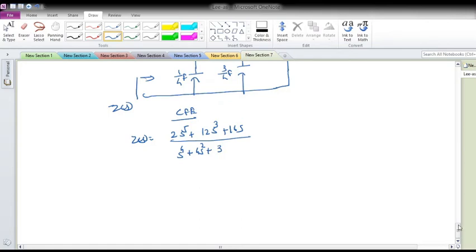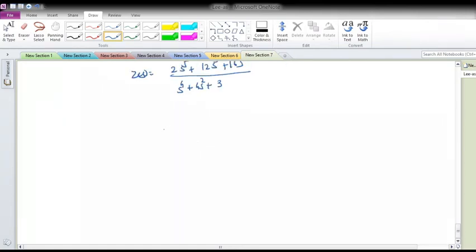Okay, now do the continued fraction expansion. So for that, what is to be done? It is 2s raised to 5 plus 12s cube plus 16s, divided by s raised to 4 plus 4s square plus 3.